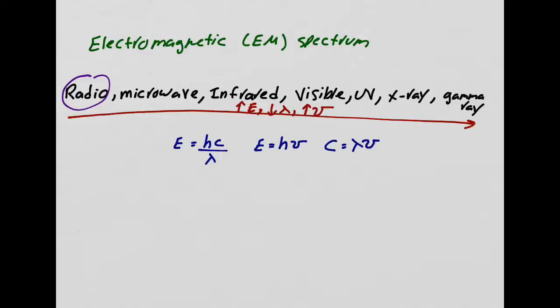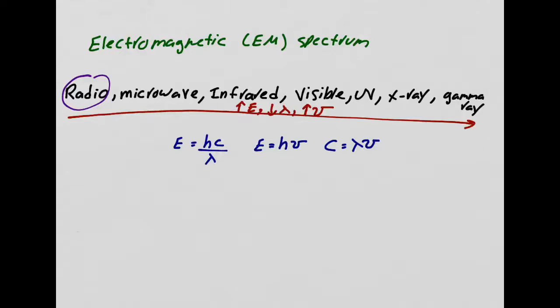So as you go left to right, increasing the energy, you get shorter wavelengths, but the frequency increases, because wavelength and frequency are inversely proportional. Energy and wavelength are inversely proportional. Energy and frequency are proportional, not inversely. So far, so good? Okay, this is a lot of fun to make sure you remember your EM spectrum.